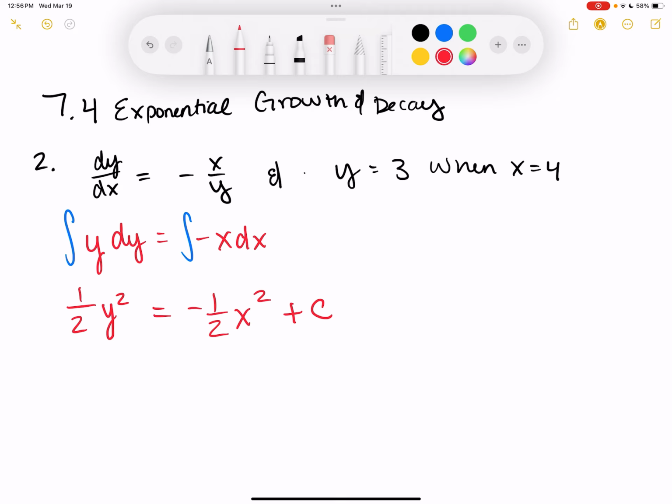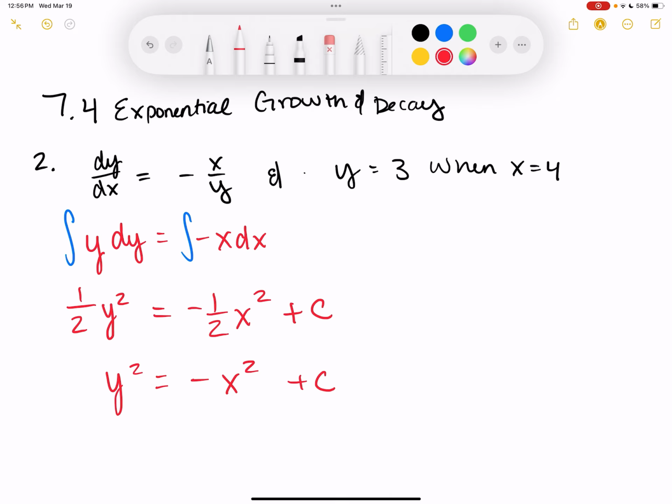Yeah, that's what it would be if we put it on both. Pretty much. So I'm going to multiply by 2. So y squared equals negative x squared plus c. The 1/2 doesn't get put on the c, it only gets put on the x. So c is just c.